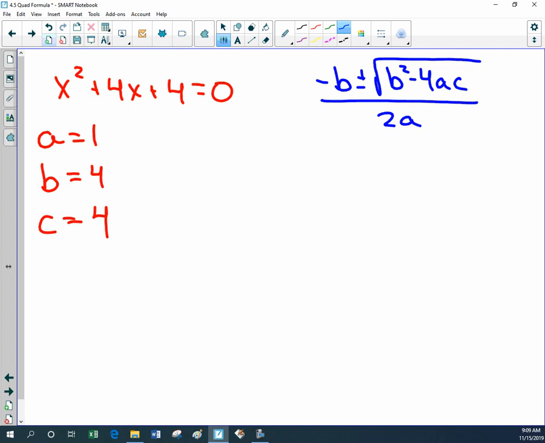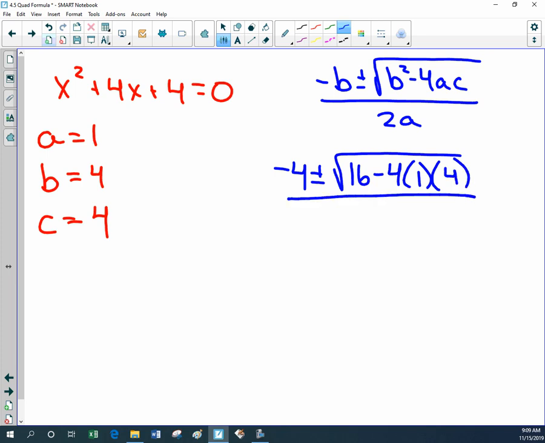Opposite of b, what do I write? -4 plus or minus b squared. So what is that going to equal? 16 minus 4 times a times c, divided by 2 times a, 2 times 1.